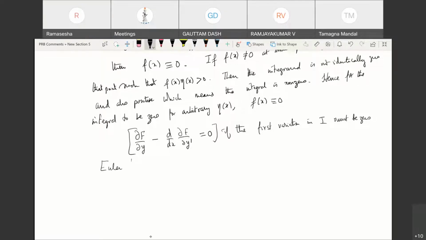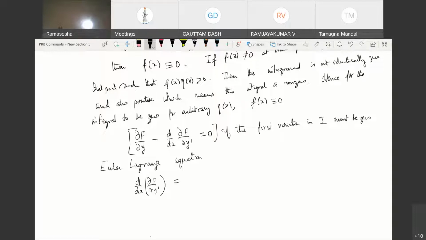So the differential equation. You get this? So you see d by dx of del f by del y prime, actually the total derivative. How do you get it?